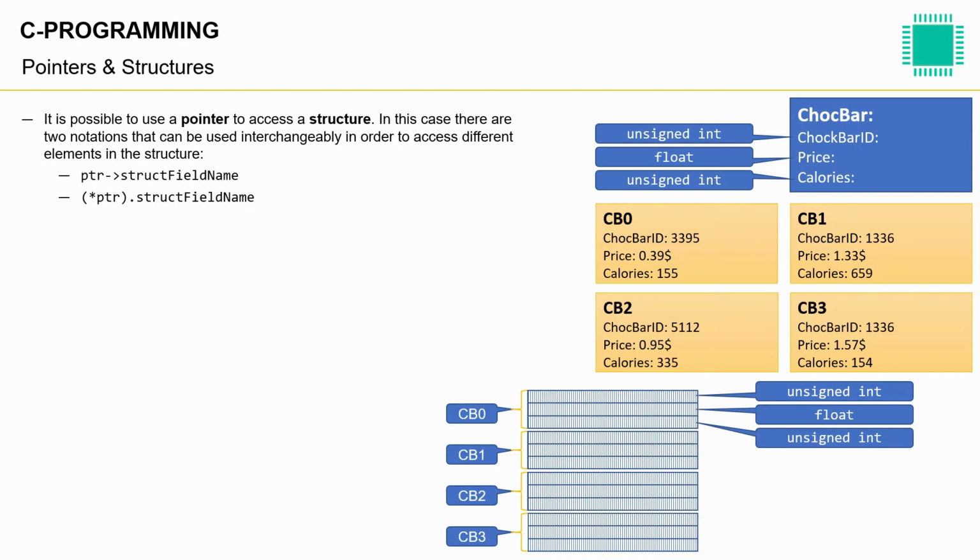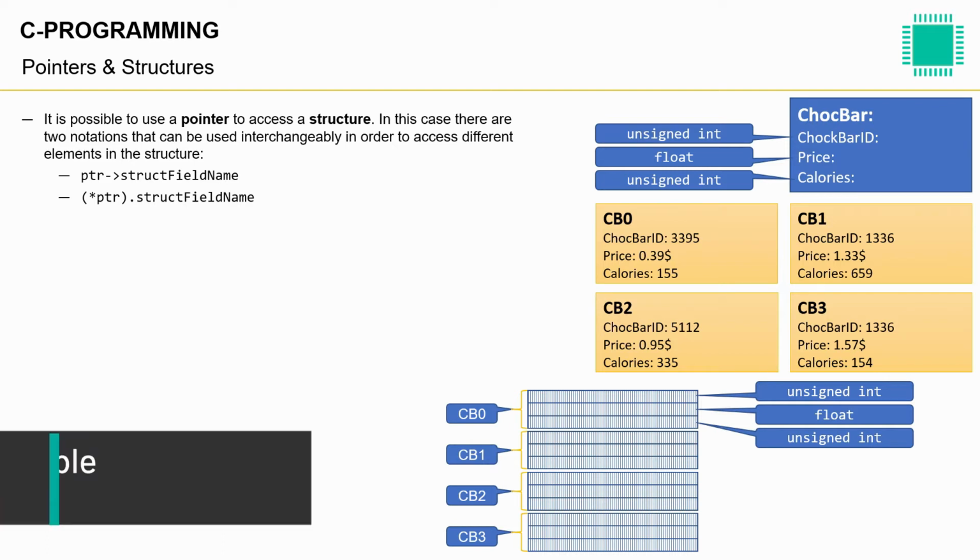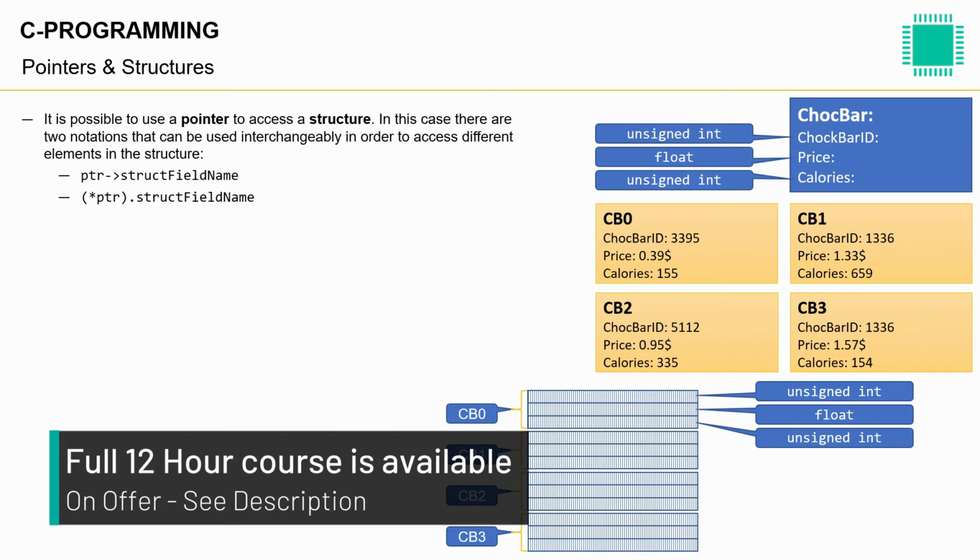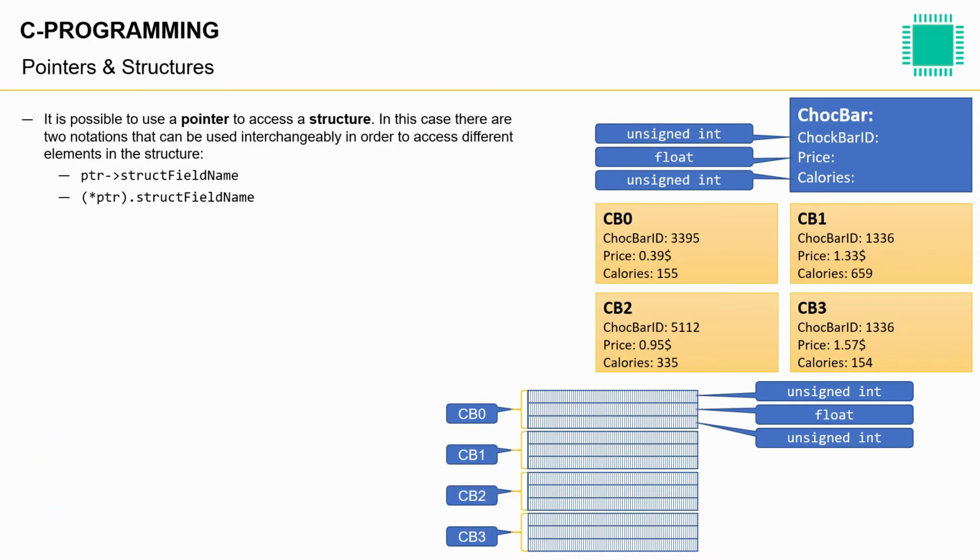So let's have a look then. If we instantiate 4 different instantiations of this structure, CB0 chocolate bar 0 with this data, 1 with this data, 2 with this data, and 3 with this data, then we will have basically 4 different instantiations of the same structure.